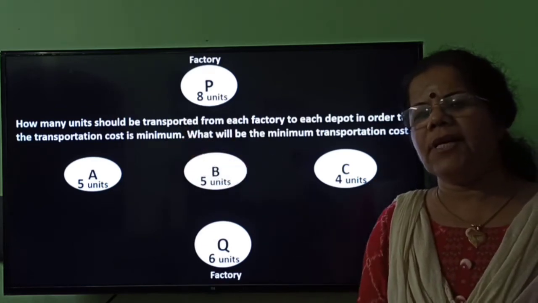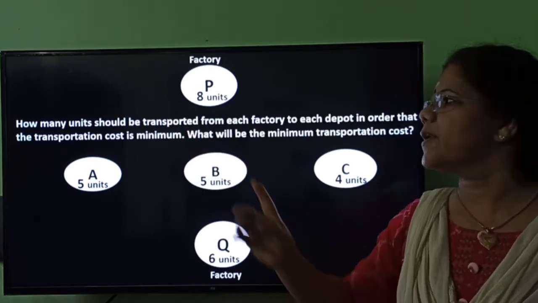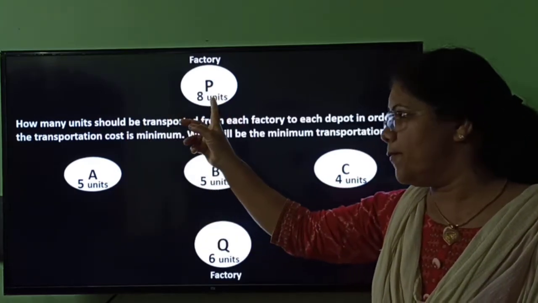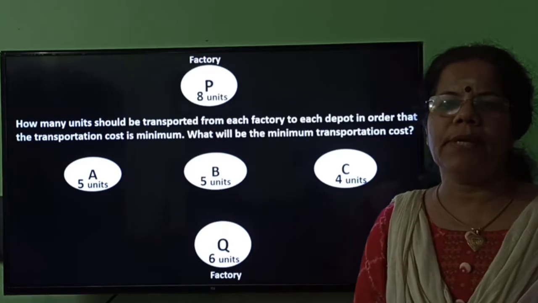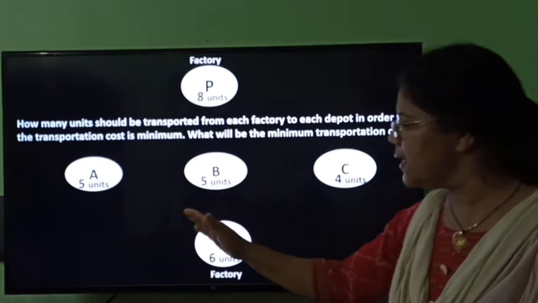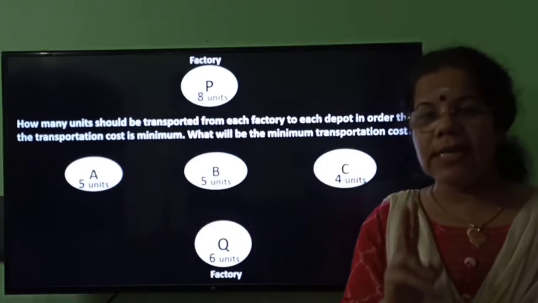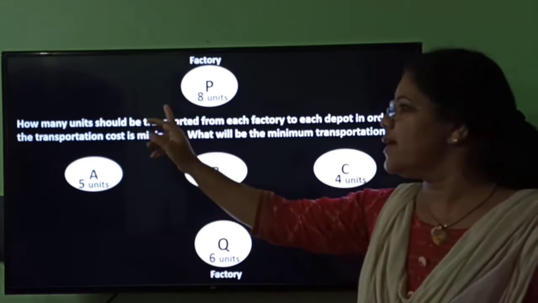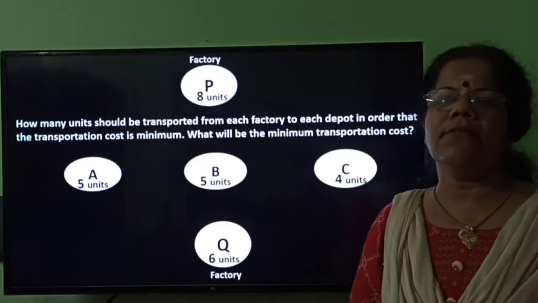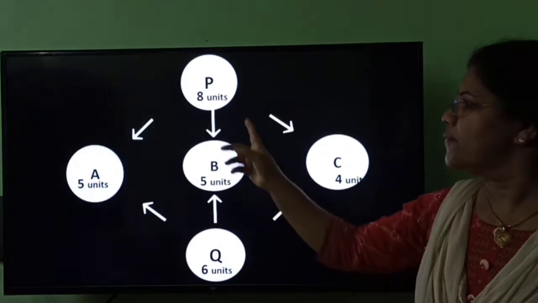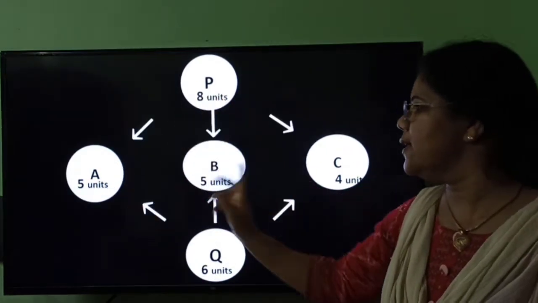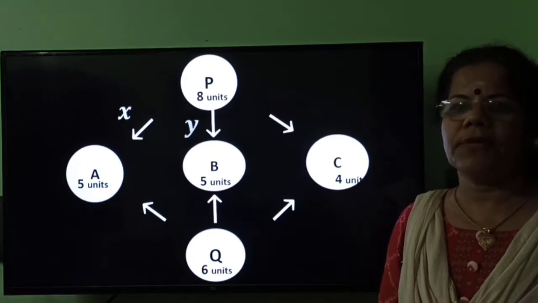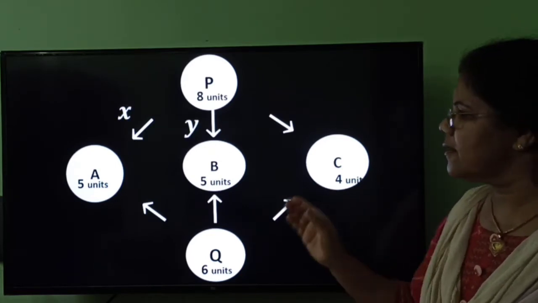Let X and Y be the units transported from P to A and from P to B. We cannot assume anything else, because we are dealing only with linear programming, that is linear equations in two variables. So we assume X units and Y units from P to A and from P to B.